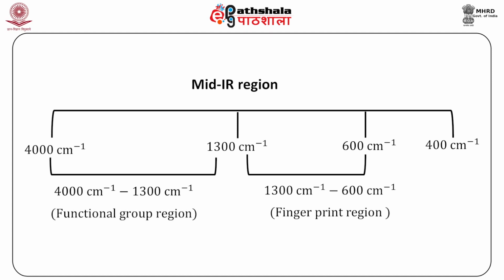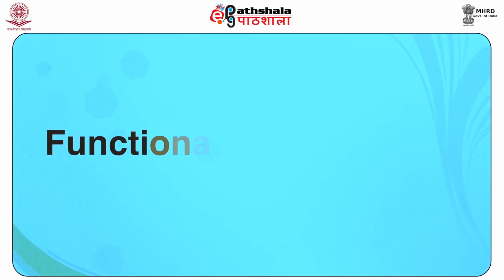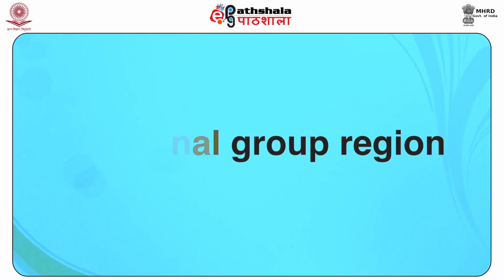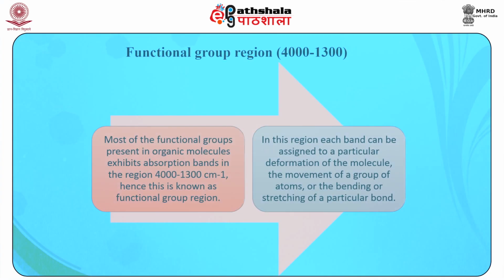The first one is the functional group region, which is from 4000 to 1300 centimeter inverse, and the fingerprint region, which is from 1300 to 600 centimeter inverse. The functional group region, as I told you, ranges from 4000 to 1300 centimeter inverse.